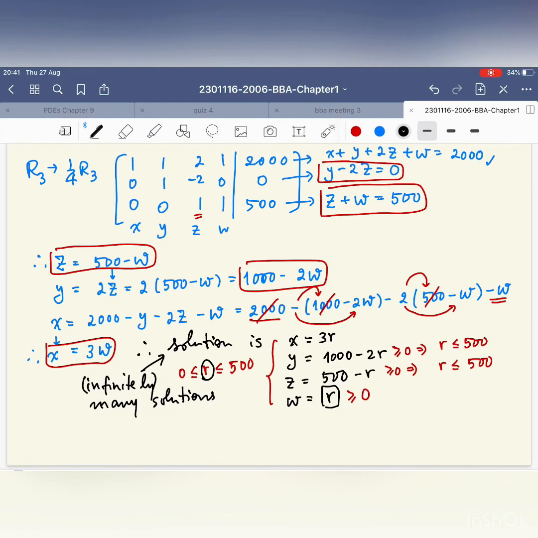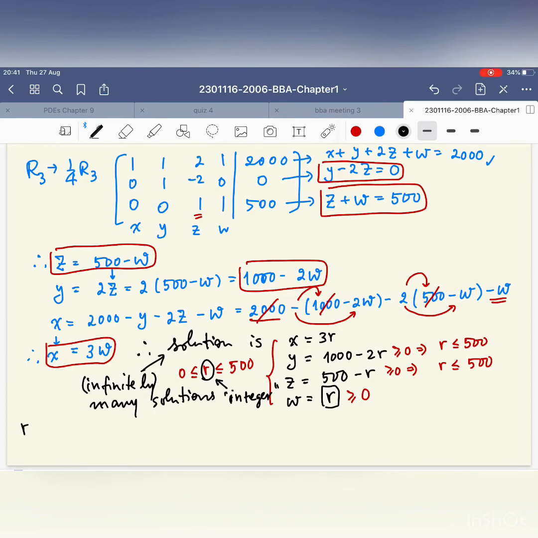Okay, so which is 501 solutions. It doesn't matter, it depends on whether you cannot buy half a bag or something like that. So if you want, you can include that maybe it is an integer.